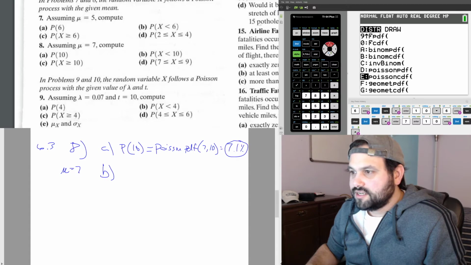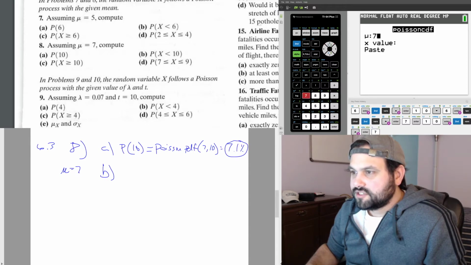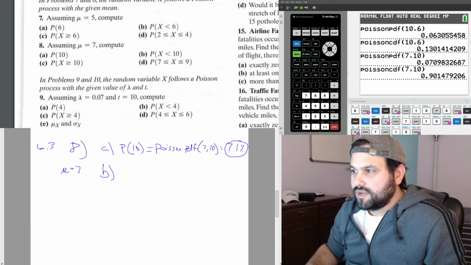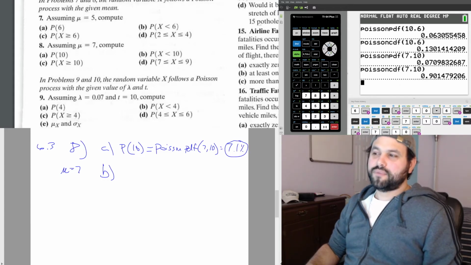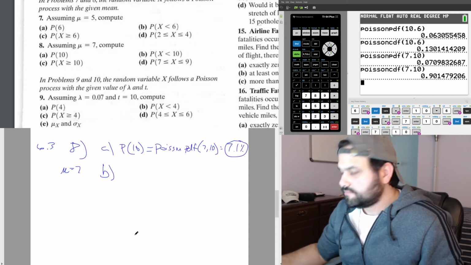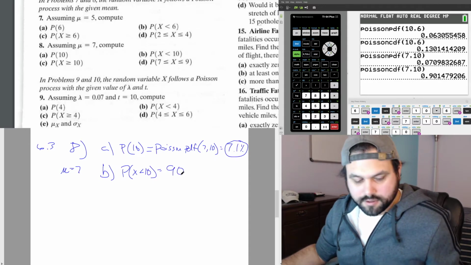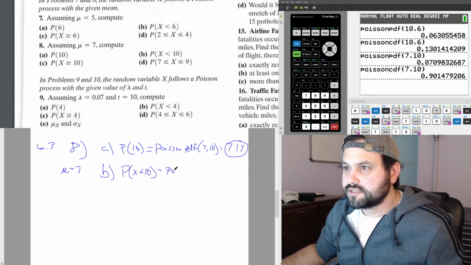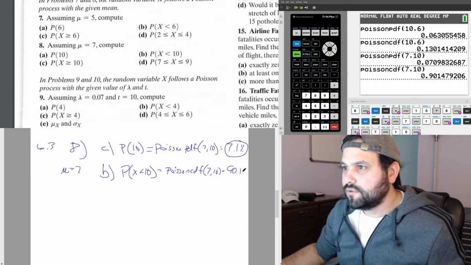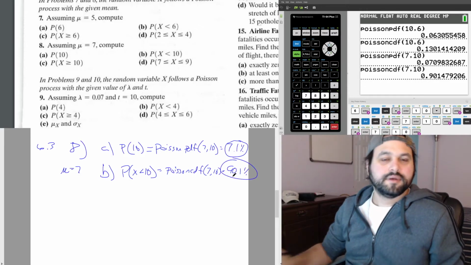So Poisson CDF, average 7, x is 10, and we get 90.1%. Let me show what we were doing here. That was CDF, and we got 90.1%. All right.